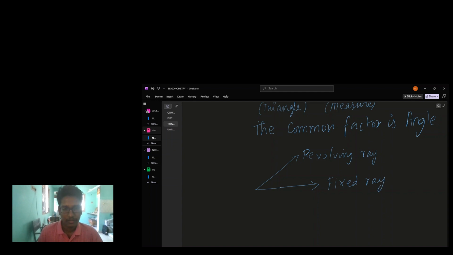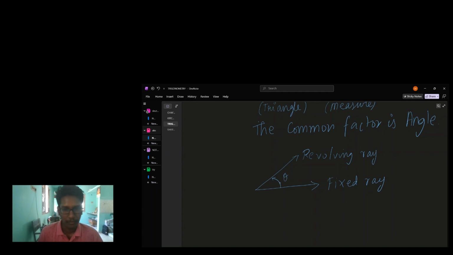The angle is represented either in radians or in degrees, and it just measures how far the revolving ray is with respect to the fixed ray. It is generally denoted with the letter theta.